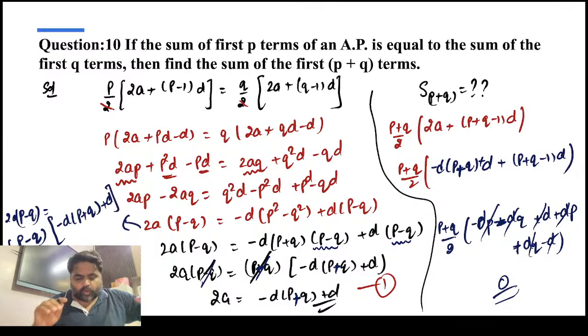This is the common thing. We have to take it outside, because p minus q is common from both sides. After that we have cancelled out the term p minus q with p minus q, and the term is remaining over here. Now put the value of 2a in the above equation and we got the result.